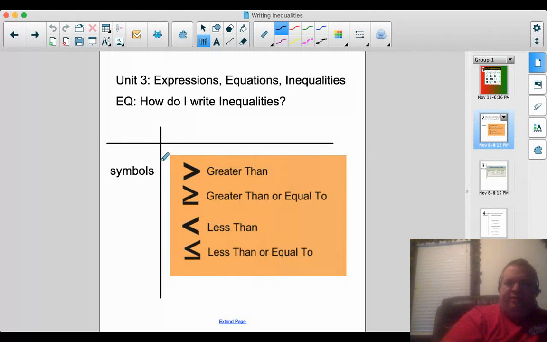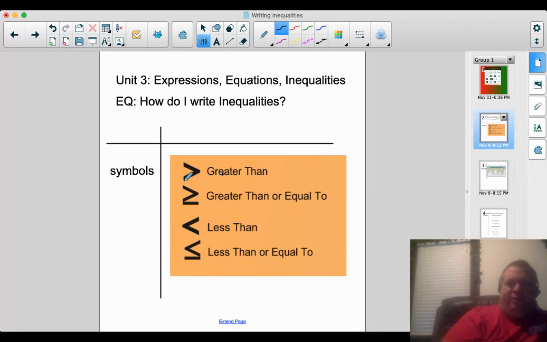That says the first number is greater than the second number. Anytime it's eating the first number, or the mouth is facing to the left, it's a greater than. If it's facing to the right, that means the first number is less than the second number, so that's a less than. Some people remember that this looks kind of like an L as a reminder. So there's greater than, less than.